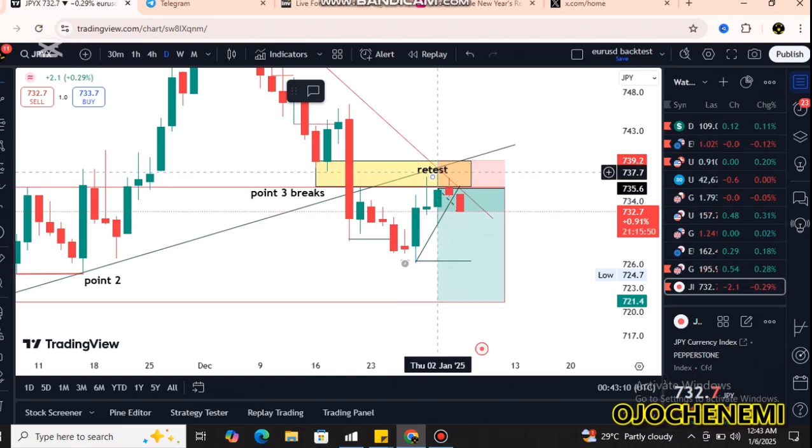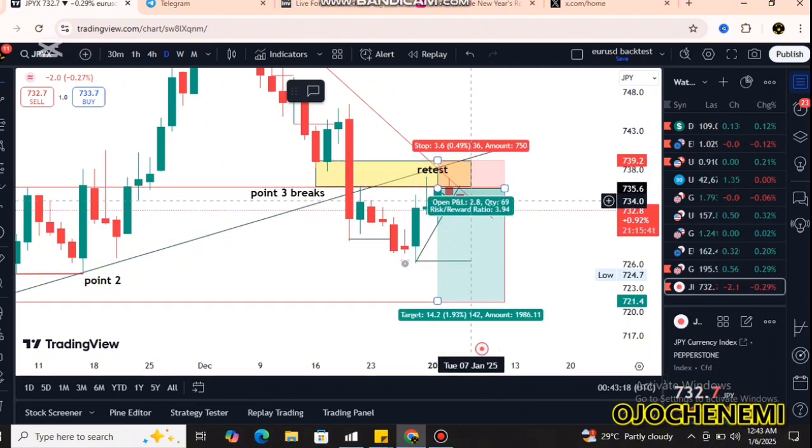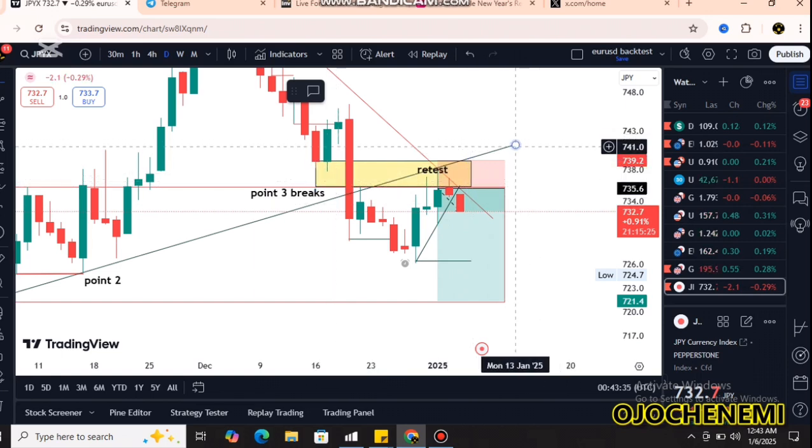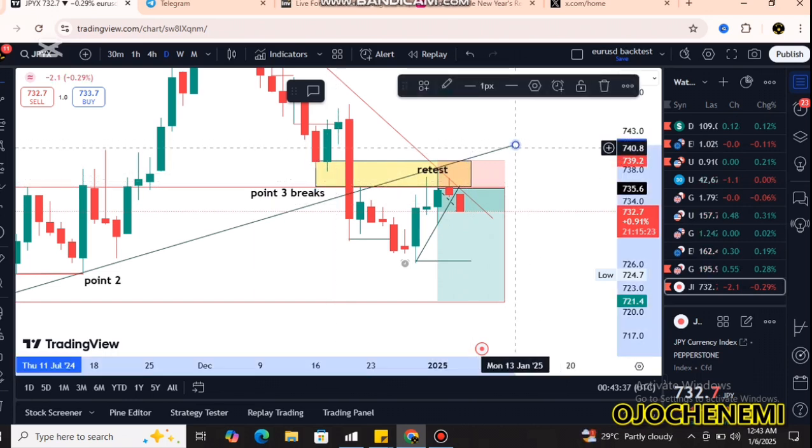So the retest means it has given me a clear confirmation that yes, this break is valid. You understand what I'm saying? So this break is valid and it hasn't broken the trend line upward anymore. Once it retests, it also means it's going to make a new low.